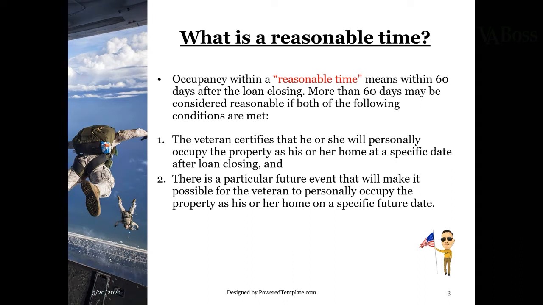Again, we can reasonably assume that they will occupy that property in a reasonable amount of time. So one of the beautiful things, the blessing and the curse about the VA home loan benefit is that they give us enough rope to hang ourselves when it comes to this stuff. We have to use good judgment as loan officers. We have to use good judgment as real estate professionals, ask the right questions and hear the story.